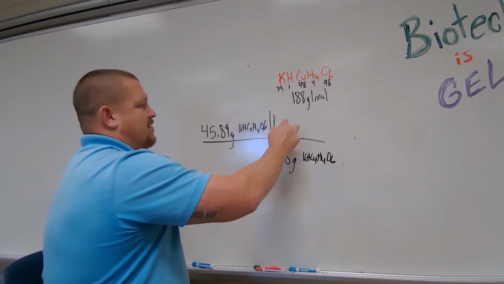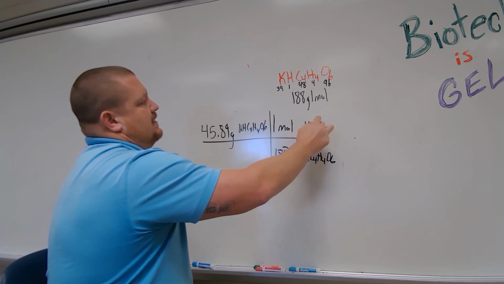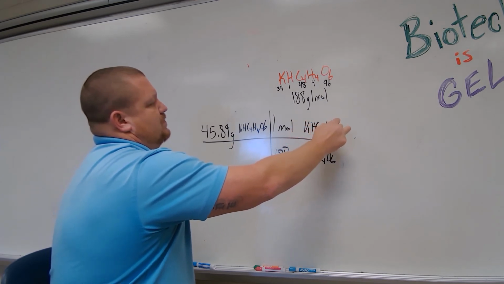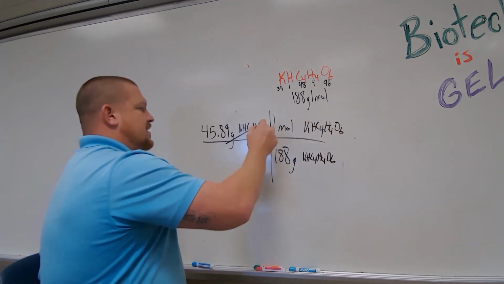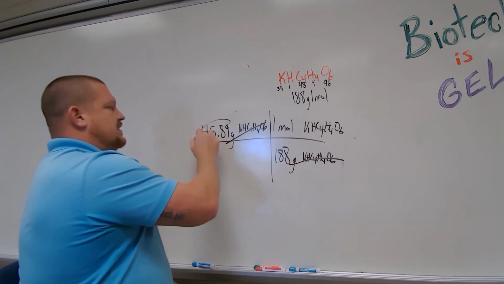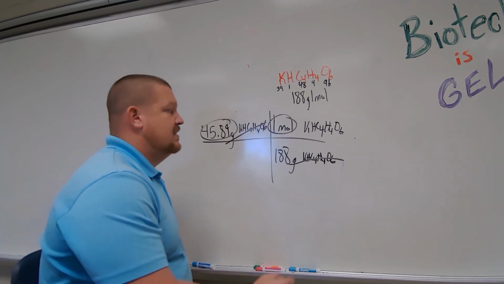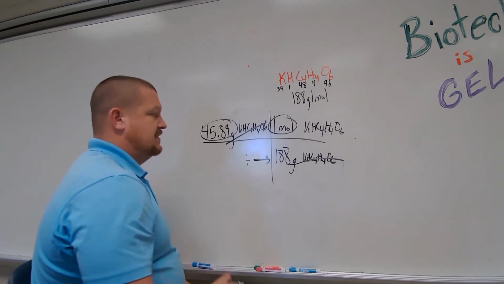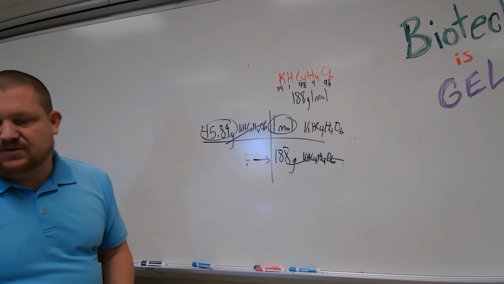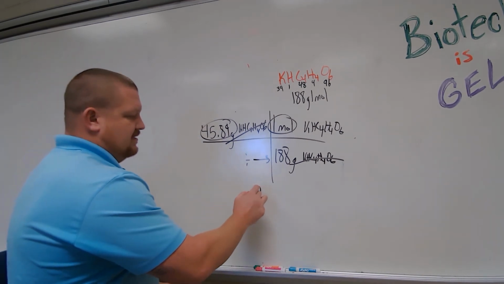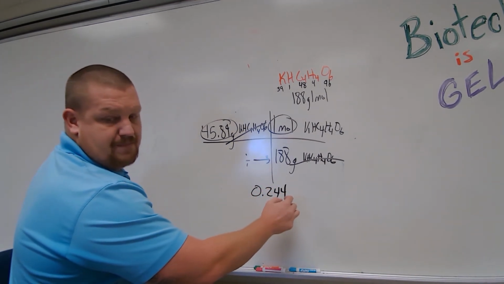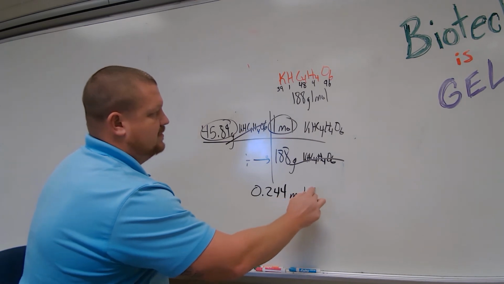And I got 1 mole KHC4H4O6. Right? Grams cancel. This times this. Right? Get that answer. Then divide it by this. You get something close to 0.244 mole KHC4H4O6.